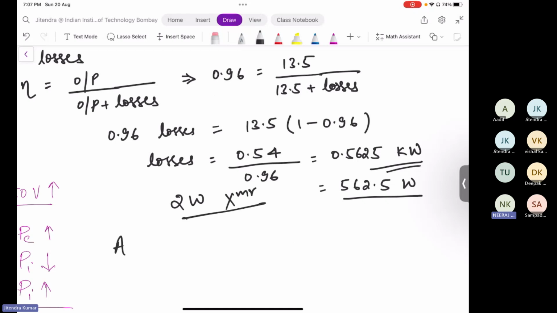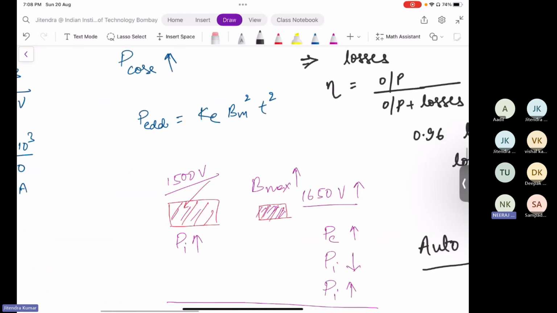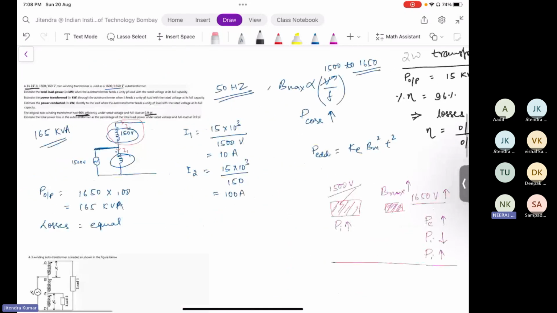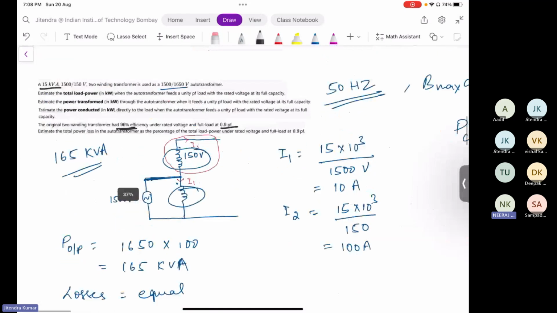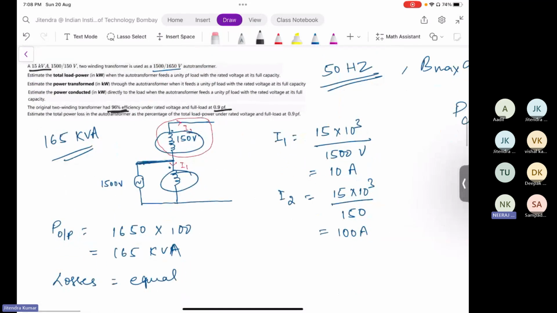Now for auto transformer, how much is the output power for auto transformer? I guess 165 kVA with 0.9 power factor.